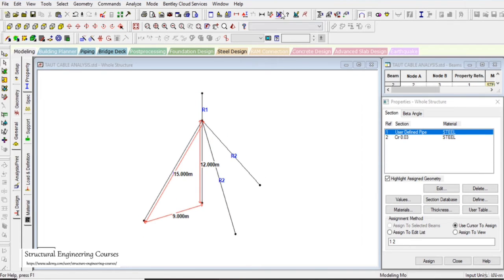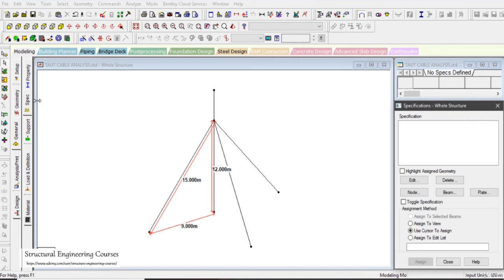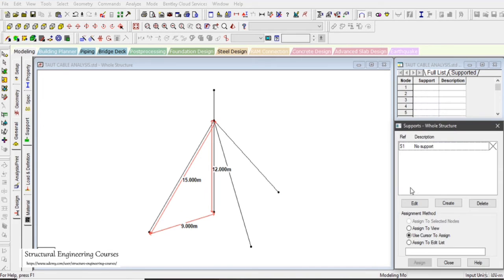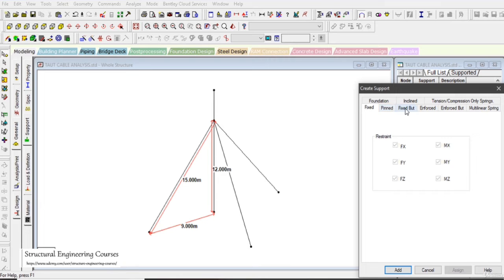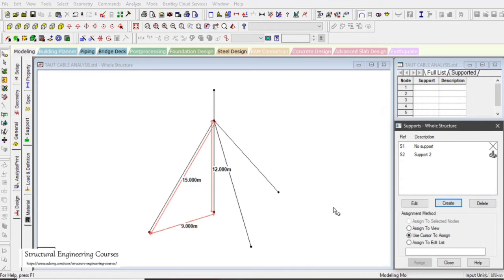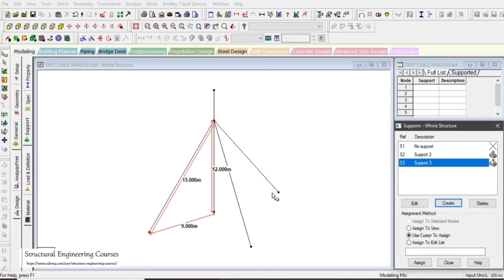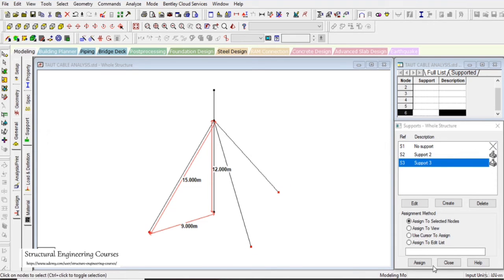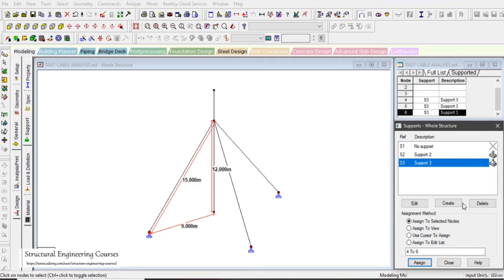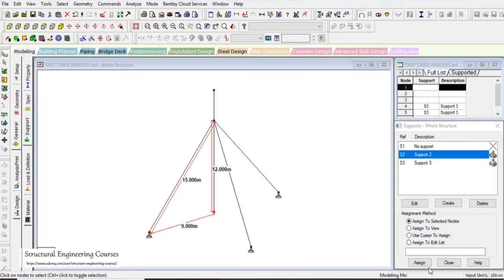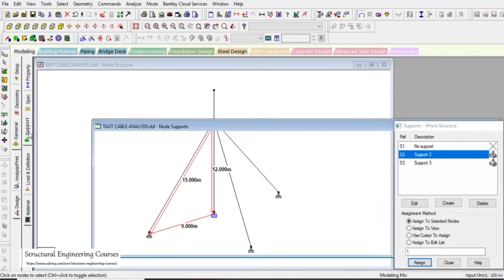So now all the properties have been assigned. After that in the support page we need to create a fixed joint below the tower, and we can create pinned joints below these wires here. So now the supports are also done.